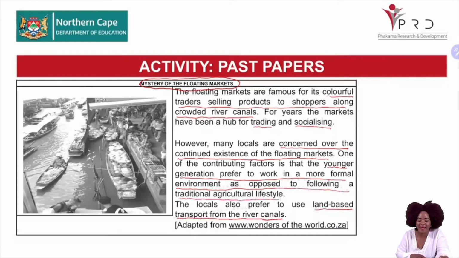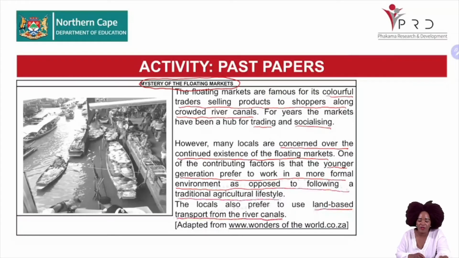The floating markets are famous for their colorful traders selling products to shoppers along crowded river canals. So you can see now what is happening at the floating markets. We've never been to the floating markets, but we can see what is actually happening there. For years, the markets have been a hub for trading and socializing.